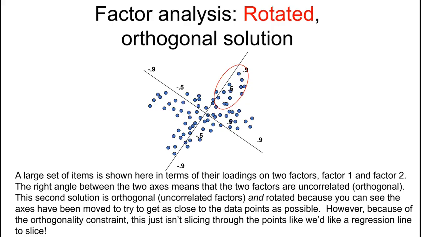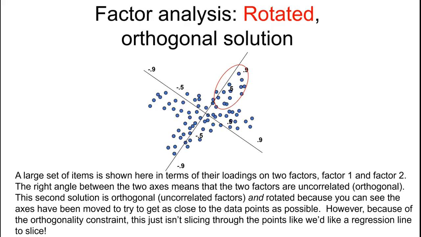The rotation can't change how much of the total variability is explained in the model, or how much of the item common variance has been extracted in the factor model, because the data are what they are, right? The items share the amount of common variance that they do. We can't do anything to change that. We're just going to rotate the factor axes around a little bit to make them more interpretable.